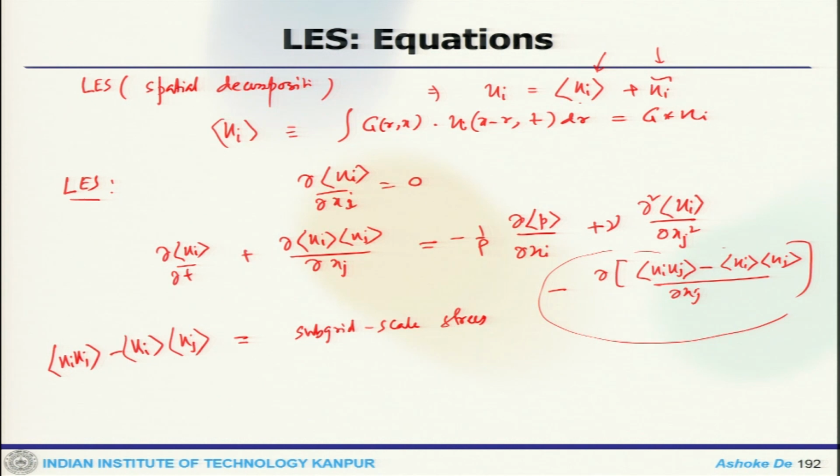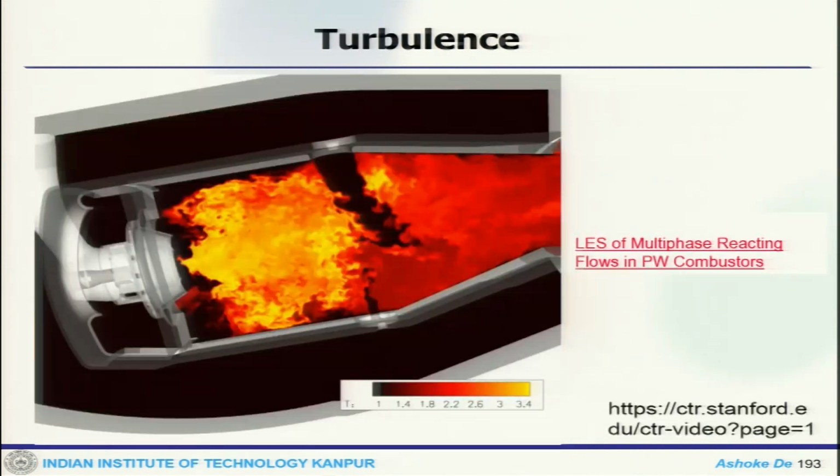So, a closure is required for this, and a very popular model was proposed by Smagorinsky, initially developed in 1963, and later modified by different people. This gives you an idea about using LES in a multi-phase reacting system. In this combustion, a realistic gas turbine combustor, liquid fuel is injected here, air comes through a swirling condition, and this is the unsteadiness one can capture.